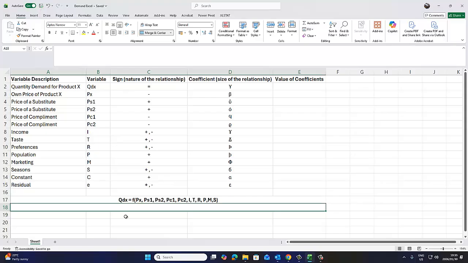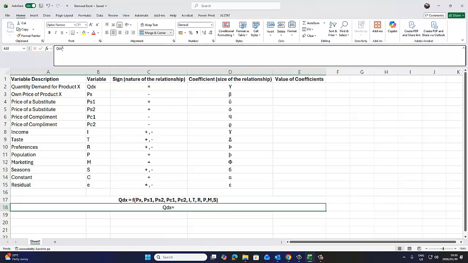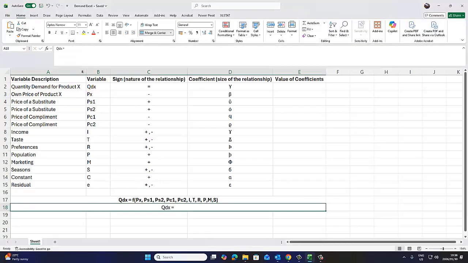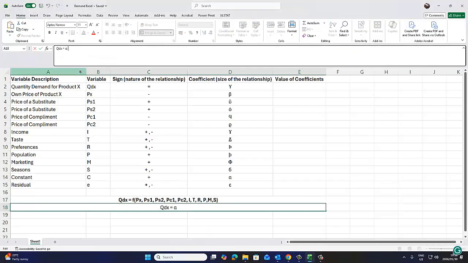So we're going to specify our equation with our signs and our coefficients. We're going to say quantity demand of X is equal to the constant, minus beta.